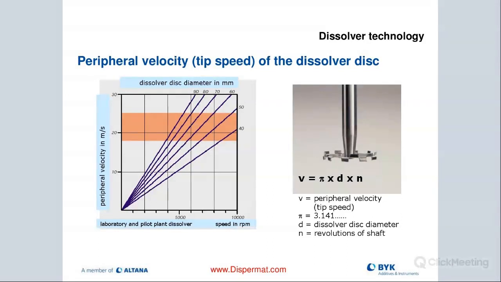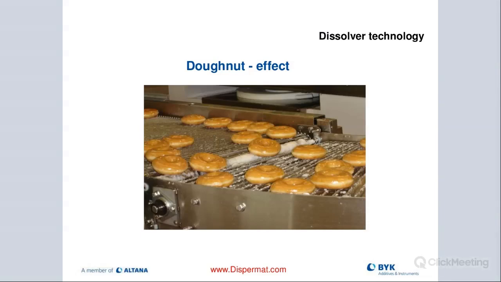Obviously, you can also figure that out in feet per minute if that's what you prefer, but that would be the equation to calculate the tip speed. And that is actually one of the most important values that we are looking at when we are dialing in our equipment for optimization of the pre-dispersion process.